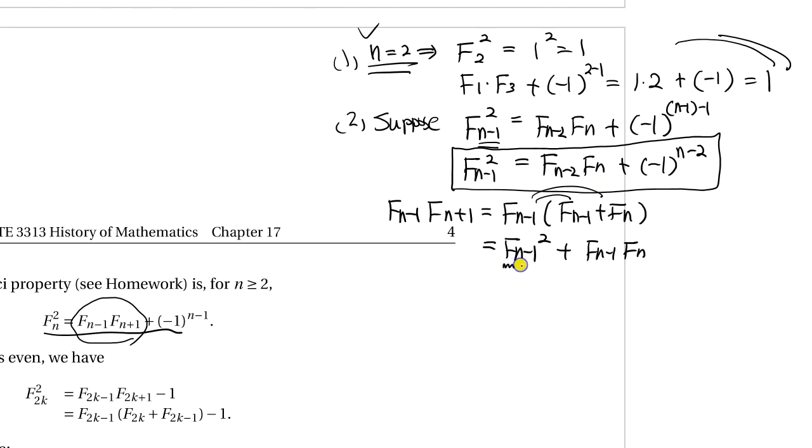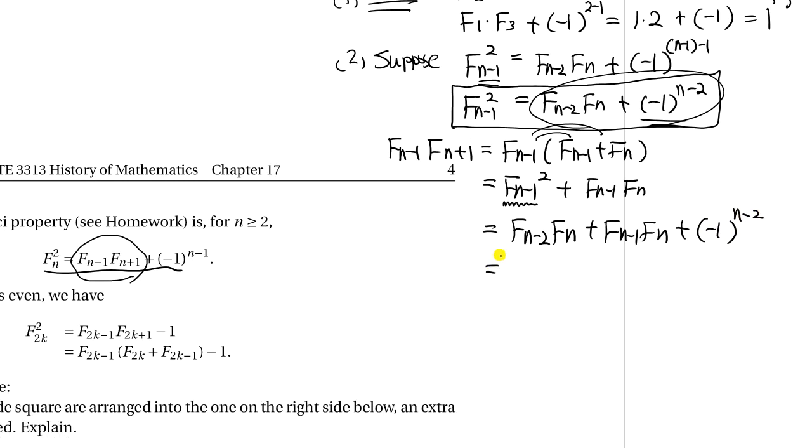We already have Fn minus 1 squared, so let's substitute that part here: Fn minus 2 times Fn, and let me write this one at the end: Fn minus 1 times Fn and negative 1 to the n minus 2. So altogether, Fn is a common factor, so you can put Fn minus 2 plus Fn minus 1 times Fn plus negative 1 to the n minus 2.